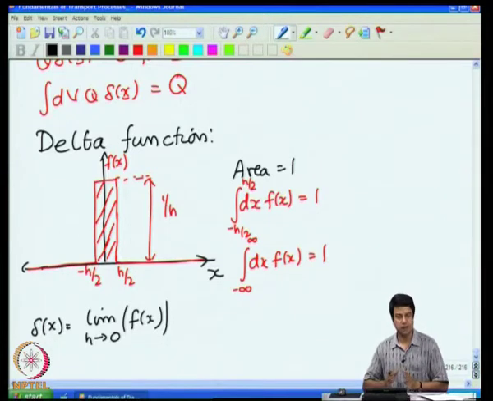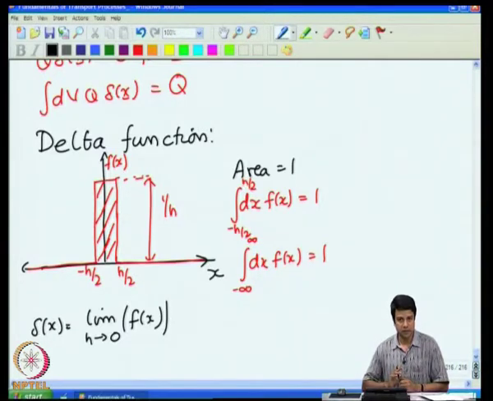In that limiting case, this function is the delta function. In the limit h going to 0, the height is 1 over h. So, as h goes to 0, the width of this function along the x axis goes to 0, the height goes to infinity. Therefore, in the limit as the width goes to 0 and the height goes to infinity, I get the delta function.